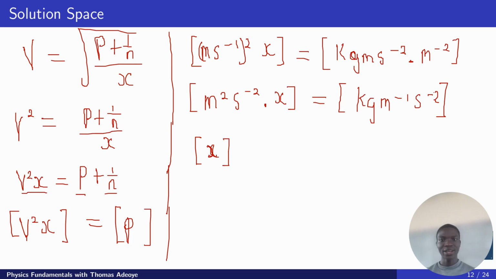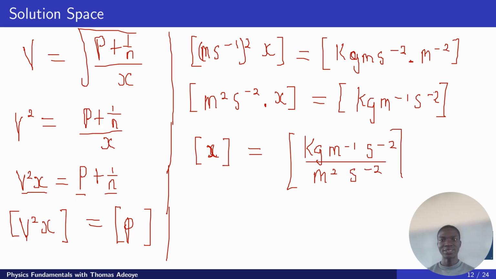Okay, x is now equal to kg m raised to power minus 1 s raised to power minus 2, everything over m squared, all right, s raised to power minus 2. Let me try to simplify this here.